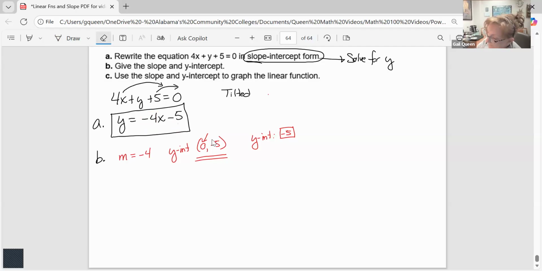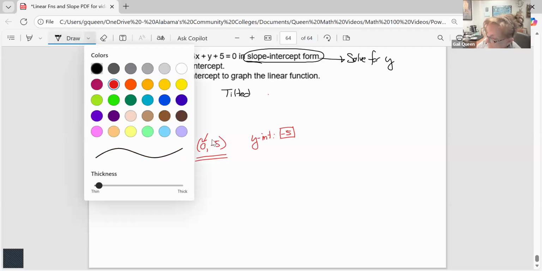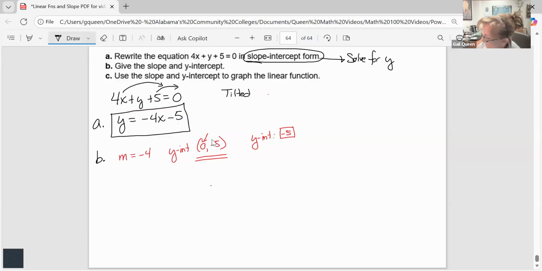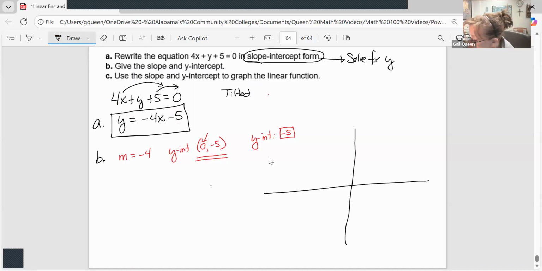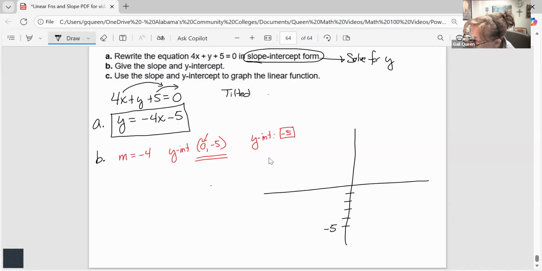Okay, all right, so let me draw a coordinate system here. I should have put a grid in here. All right, so we have an XY plane, and first of all, the y-intercept is negative 5, and the slope is negative 4.